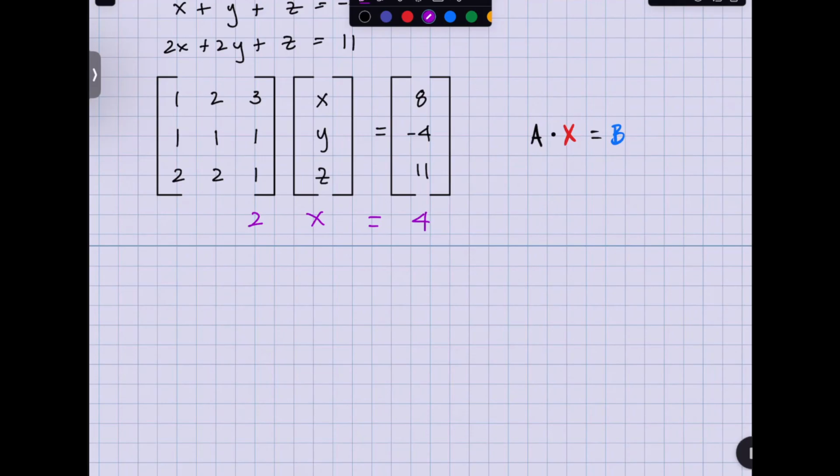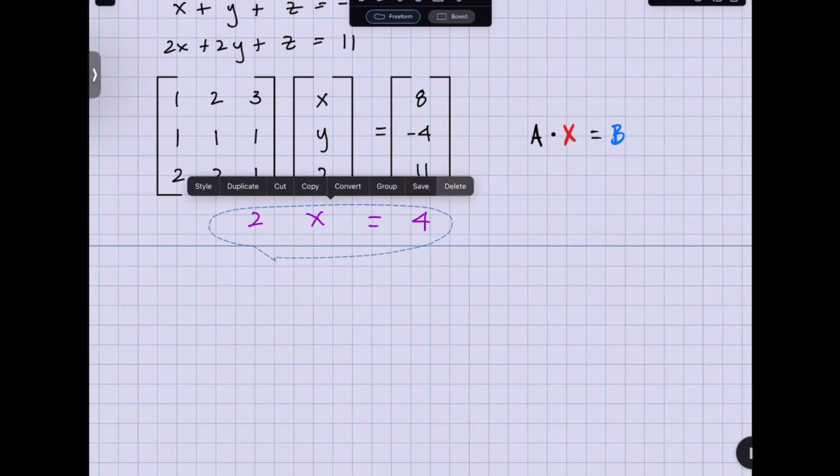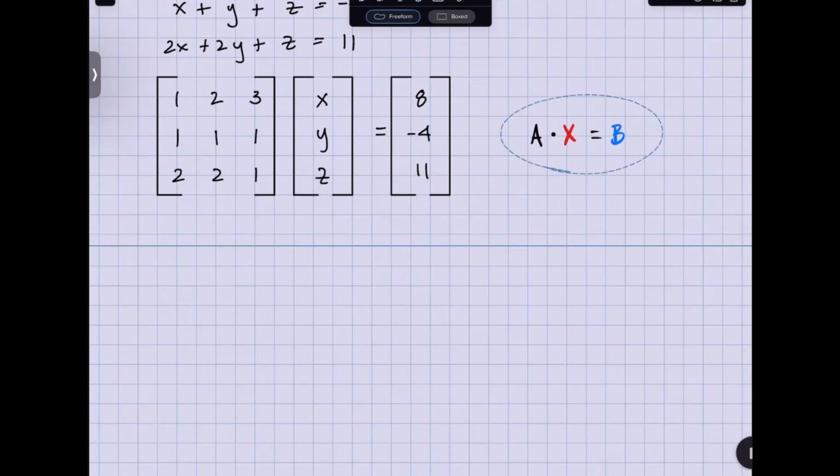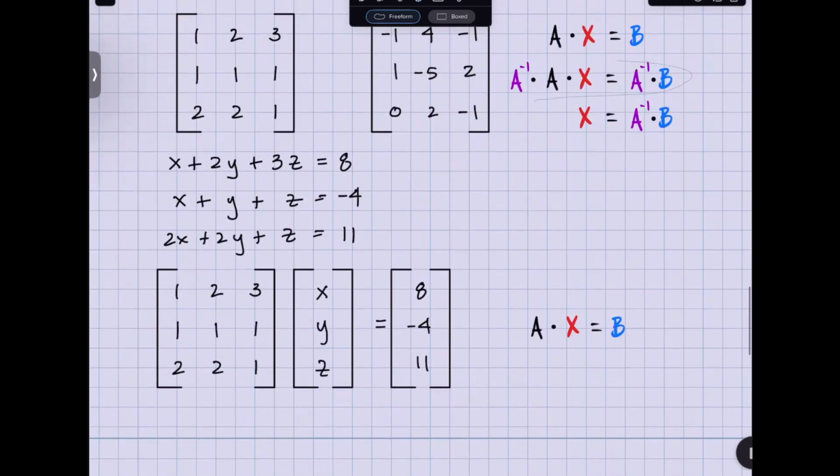But 1/2 is the inverse of 2. We agree with that, right? So essentially we're doing the same thing, except we can't divide matrices. So in order to get x by itself, we'll have to multiply both sides by the inverse of that matrix.